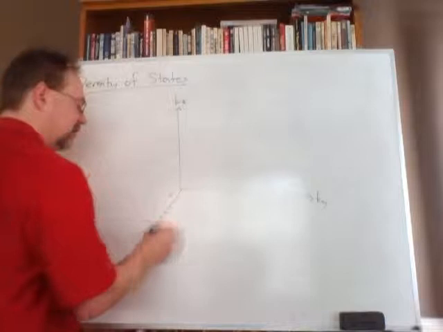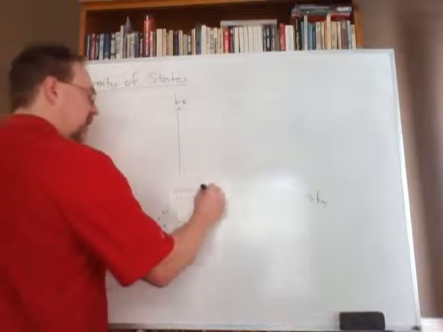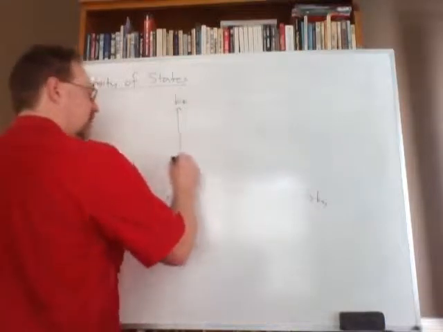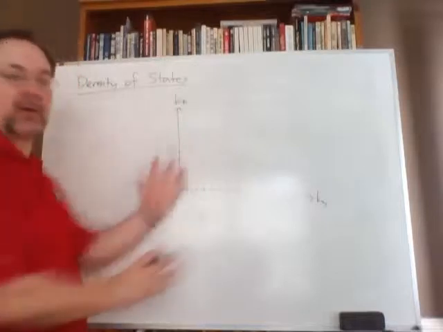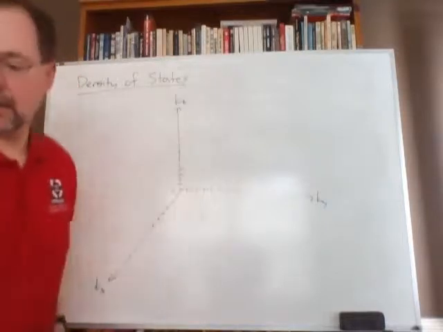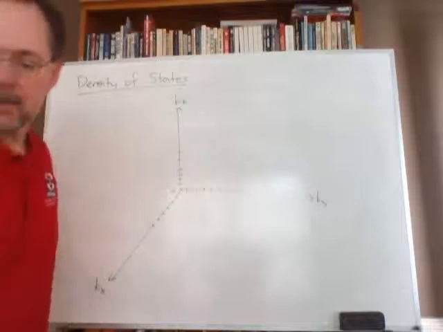So we go along here, we have positive values of kx, positive values of ky, positive values of kz, and they're arrayed all in this octant of k space.